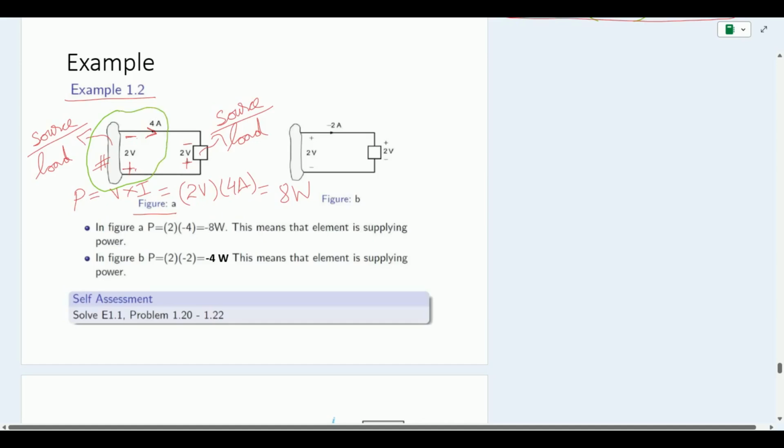We know that current has left the negative terminal, which means it had entered from the positive terminal, right? So the current in this case has left the negative terminal, but it entered from the positive terminal.